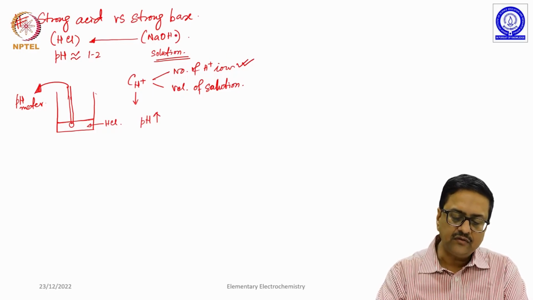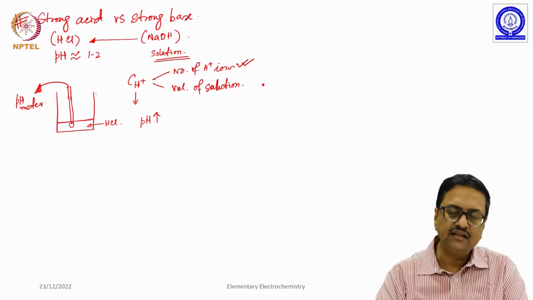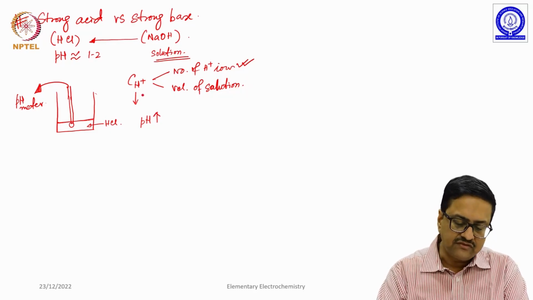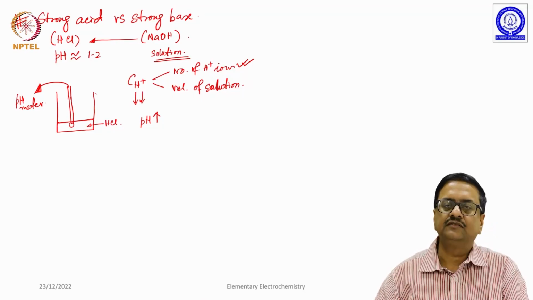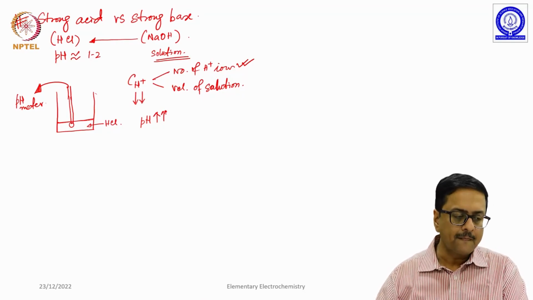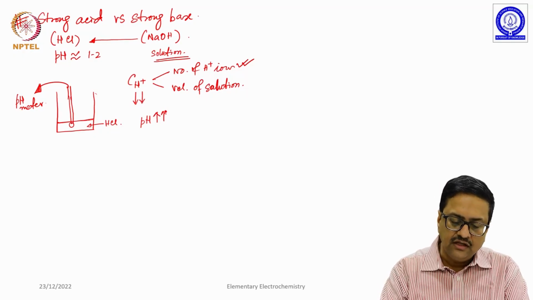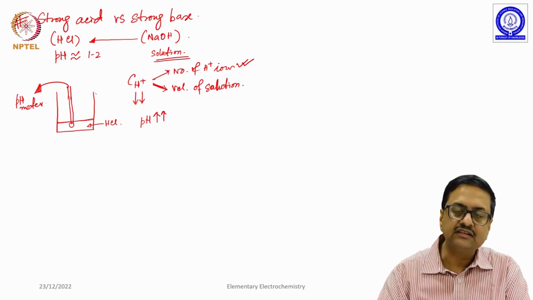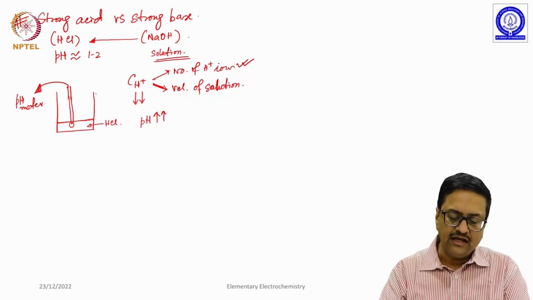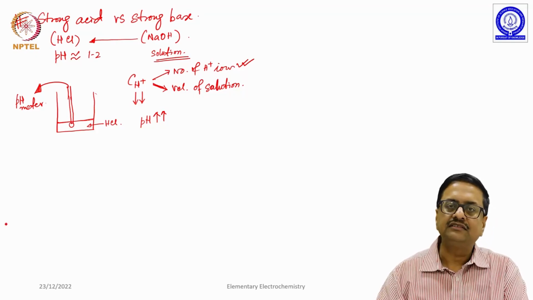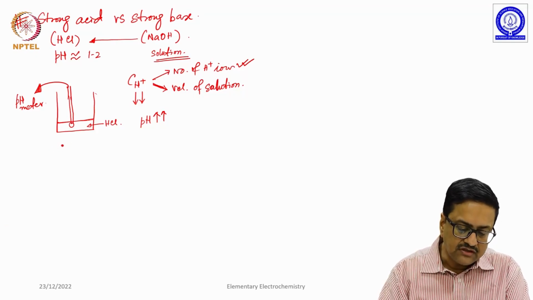But while adding NaOH solution to HCl solution, we are also diluting the solution, which further will reduce the concentration, resulting in a further increase in pH. So, there will be a problem of double decrease in concentration and double increase in pH, and it is not appropriate.